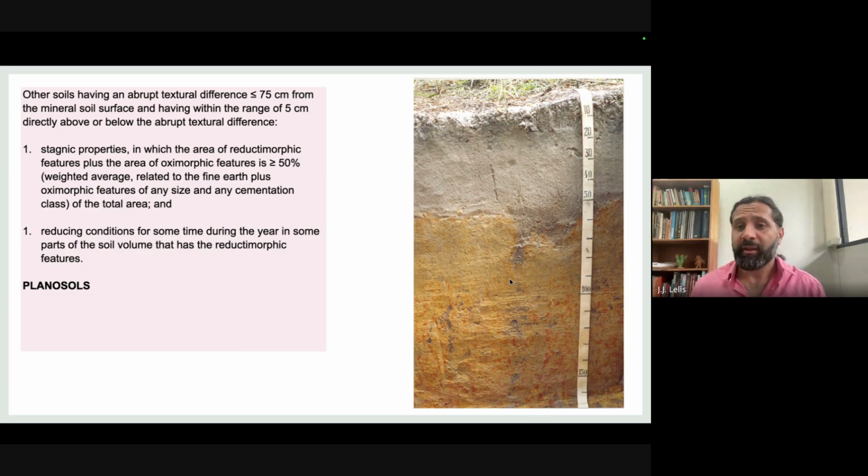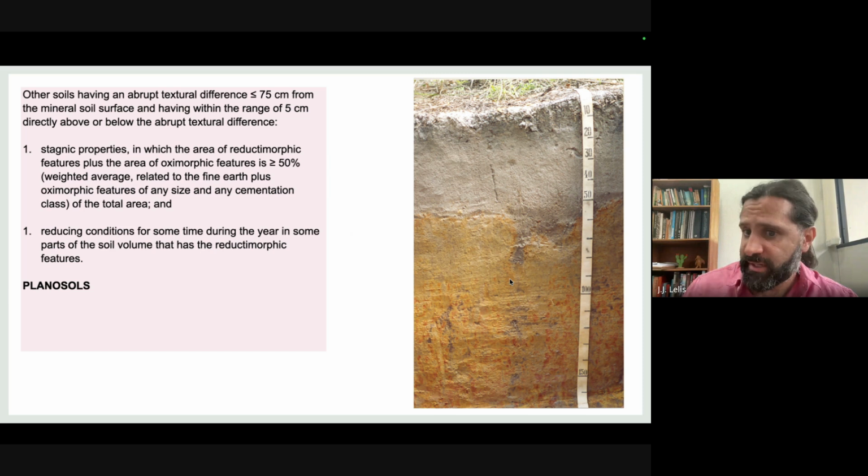Because the water cannot easily penetrate through the soil, we can start some reduction. So we have some reductomorphic features or oxymorphic features because of the changing between oxic and anoxic conditions.